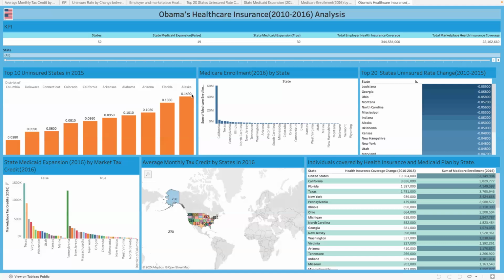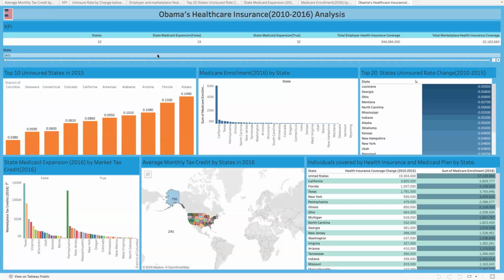The data set has been cleaned, and all inconsistencies like duplicate values, null values, missing values, and errors were removed before importing into Tableau.